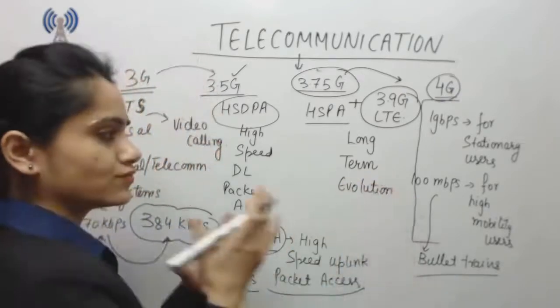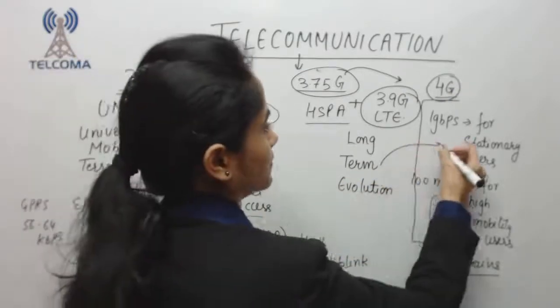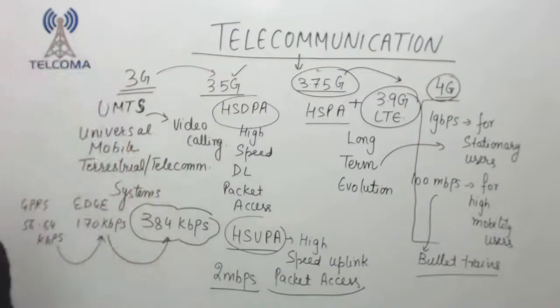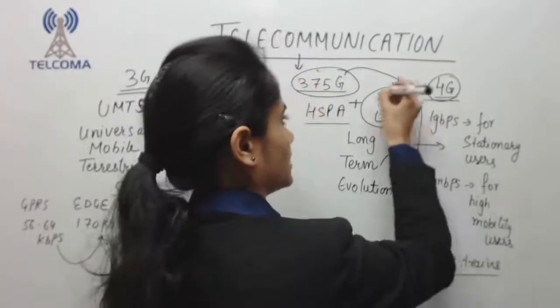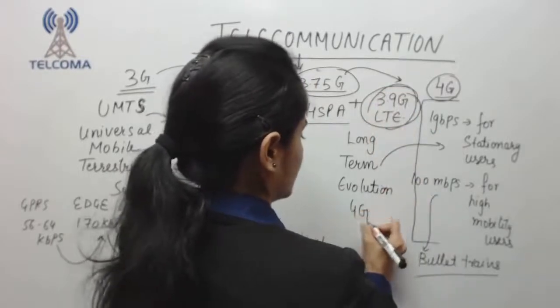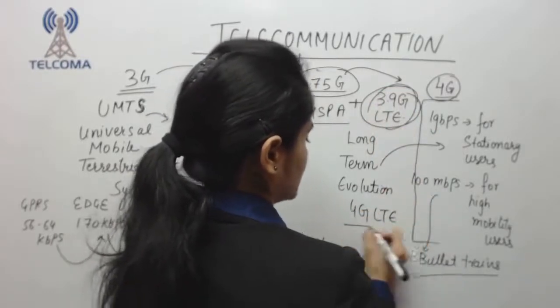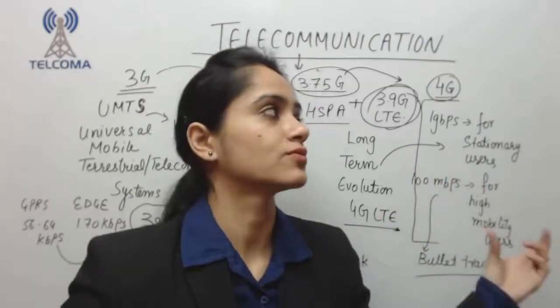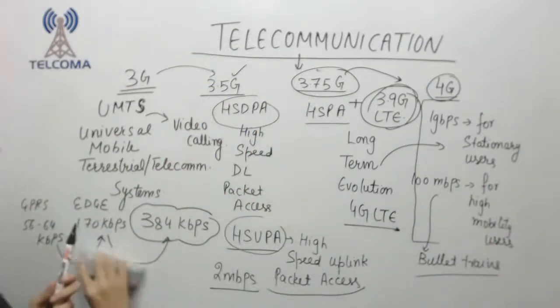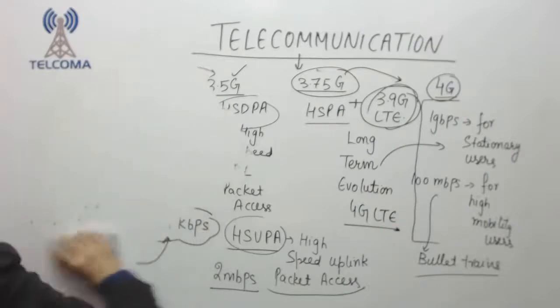That means evolution for a long term, so that we achieve our target, which is 4th generation. So they launched 3.9G LTE with the name of 4G LTE, so that we can earn revenue and further use it for the development or research of 4th generation.